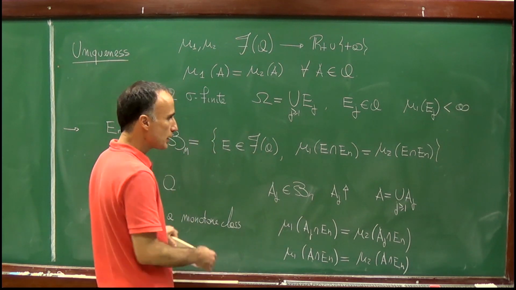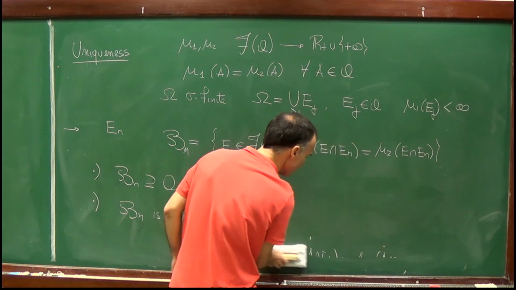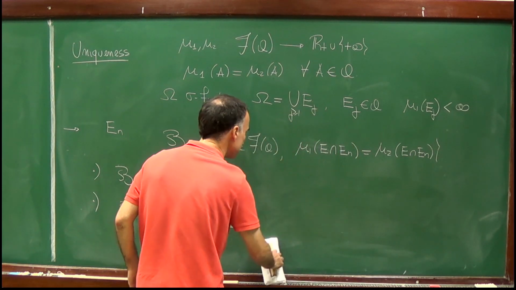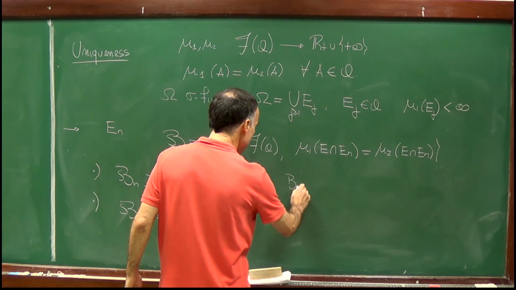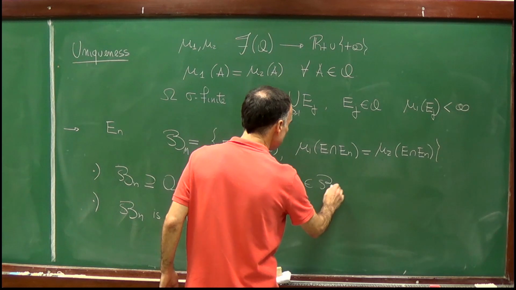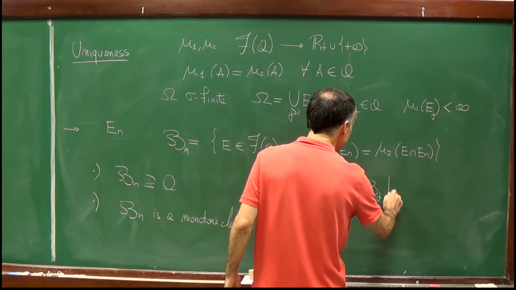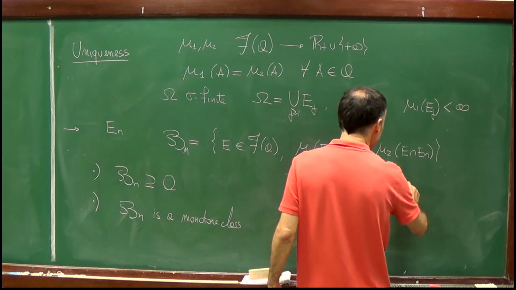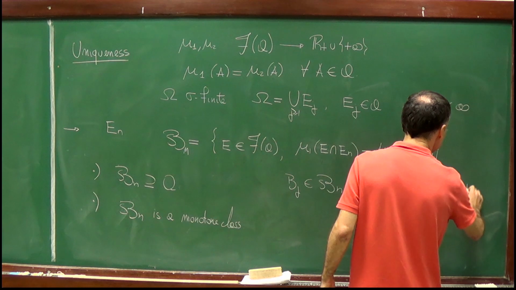So now we have to check that Bn is closed by decreasing sequences. So let's now take Bj, a sequence of sets in Bn, and let's assume that Bj decreases, and let's call B the limit. So B is the intersection of Bj.